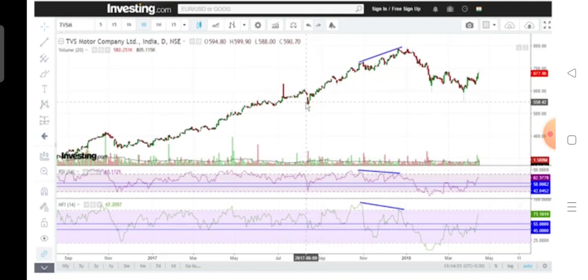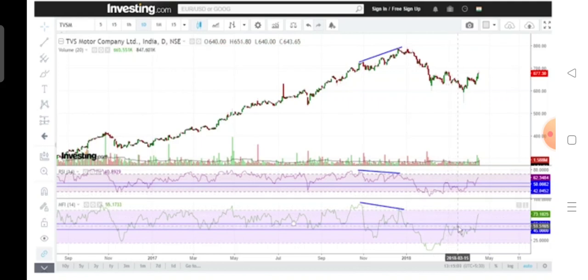So actually it was just a little bit more pullback than the average pullbacks it had earlier, but it was still a very good entry point, and someone could have held his position and seen how he could have gone into a profitable zone. Again here, during these pullbacks, both the RSI and the MFI actually gave very good shorting opportunities.